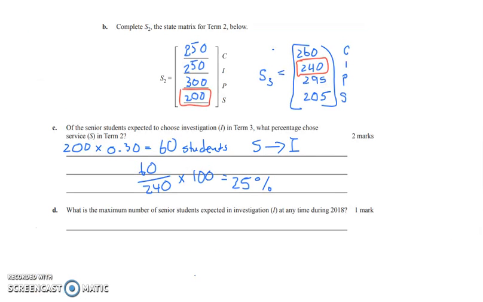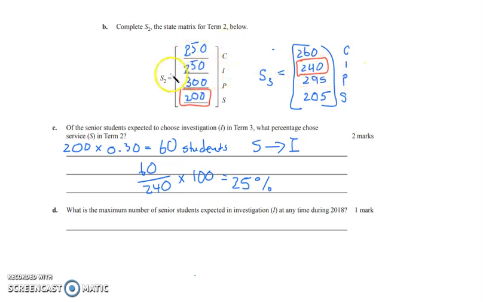Now going into the last question. What is the maximum number of senior students expected in investigation at any time during 2018? So if we're looking at investigation, we've got 240 students completing it now.